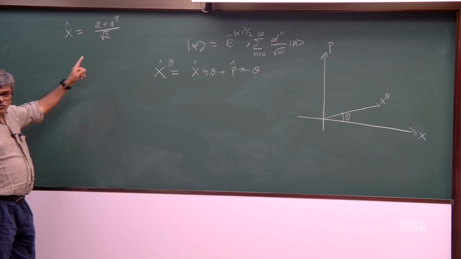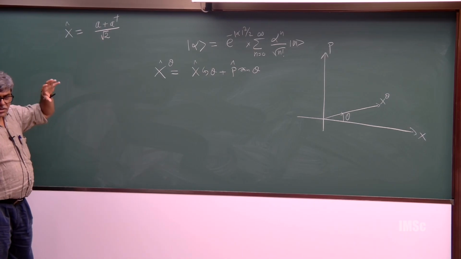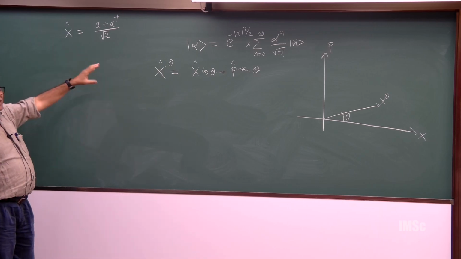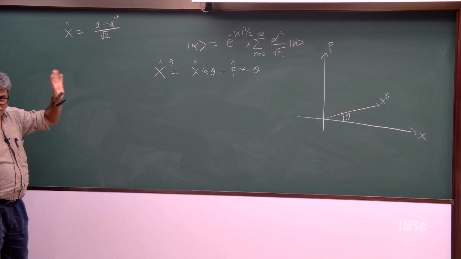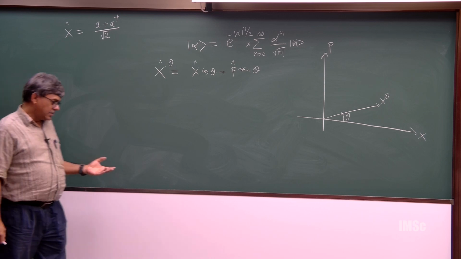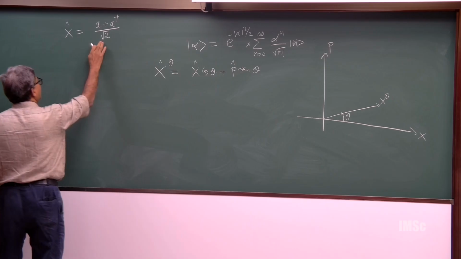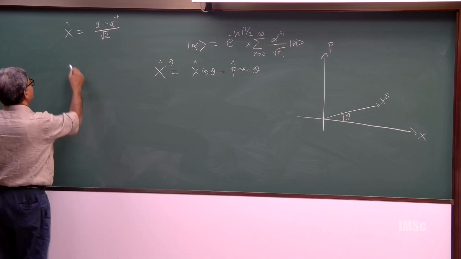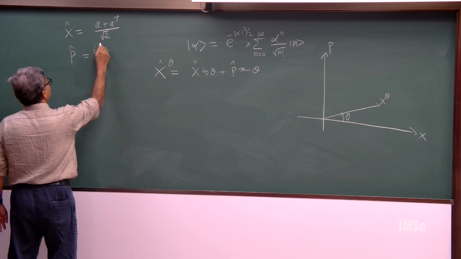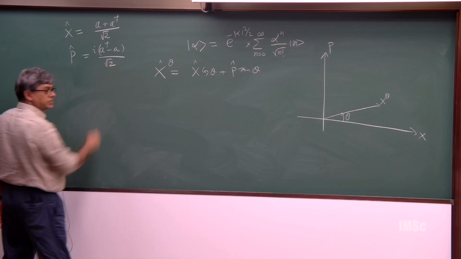This root 2, some people do not even take this factor, so there is a difference in the literature, and basically it will be reflected in some of the expectation values and also the variances and all that, but I am going to take this. And p is iota a dagger minus a divided by root 2.